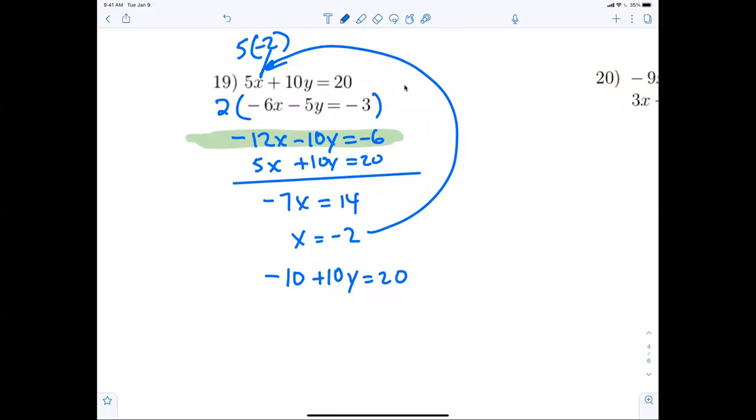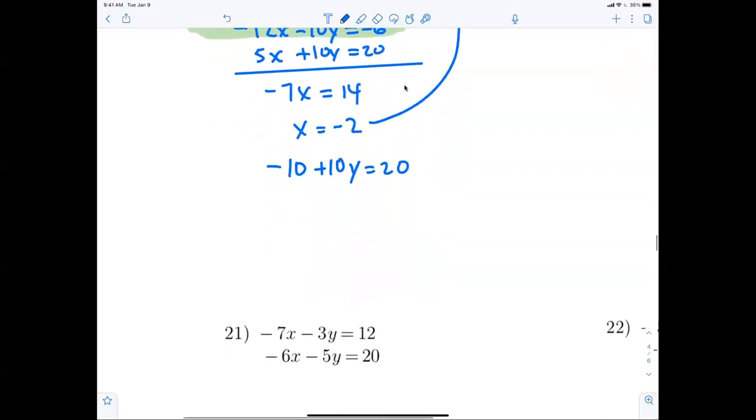So -10 plus 10y equals 20. And then you can divide by 10, that's a good idea. So -1 plus y equals 2, and you move the -1, which is y equals 3.